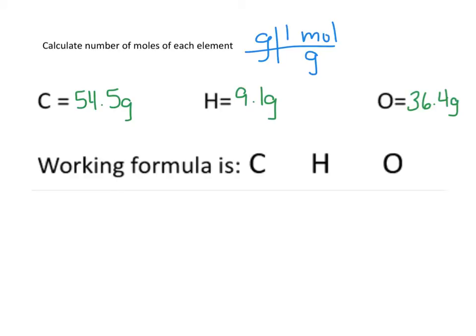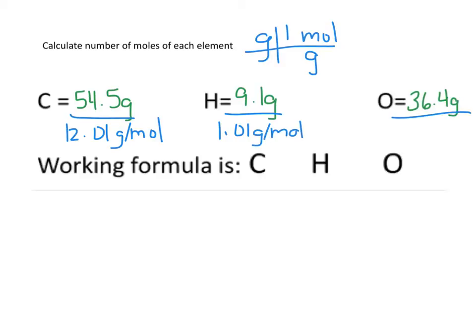So that means we're going to be dividing by the molar mass. I'm not going to say that we have to show train tracks here, but we do need to understand where that comes from. So remembering that our molar mass for an individual element is the same as the molar mass off of the periodic table, that's where I'm getting 12.01 for carbon, 1.01 for hydrogen, and 16.00 for oxygen.